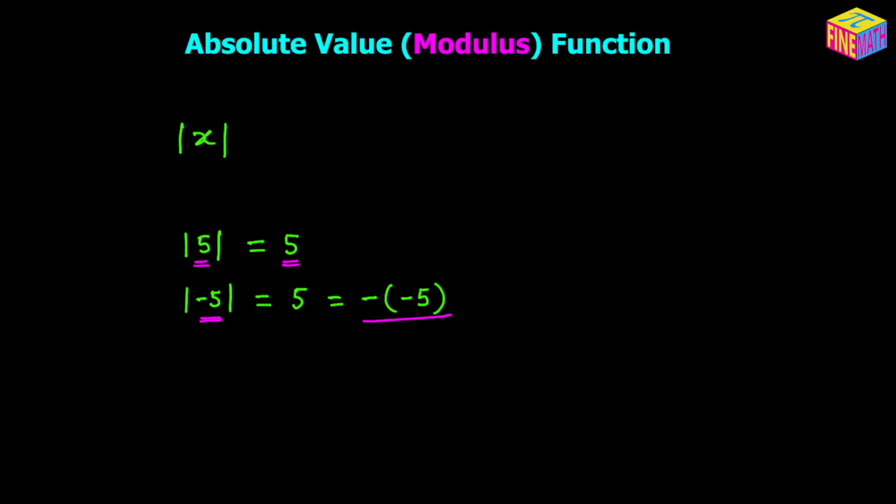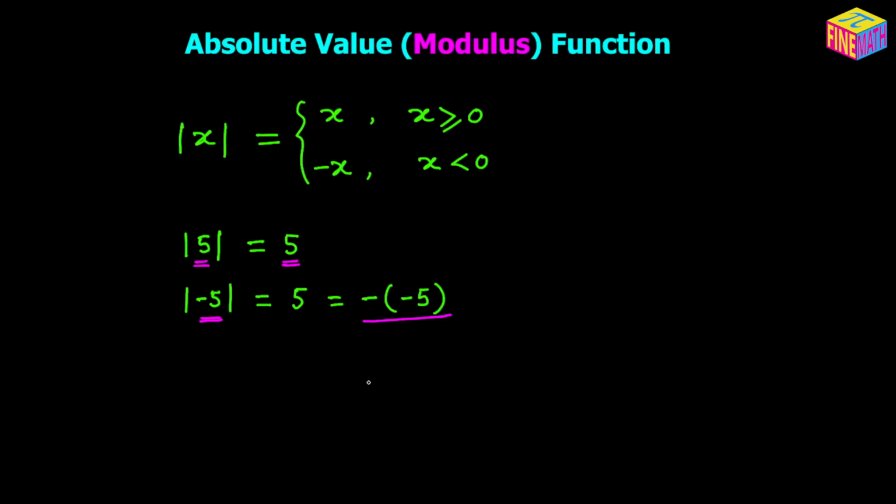So from this, we can write the definition like this: the absolute value function is the same as x, or positive x, when x is non-negative, and we denote that as greater than or equal to 0. When x is non-negative, the value of that function is exactly the same as x. But it is negative x when x is actually negative, when x is less than 0.